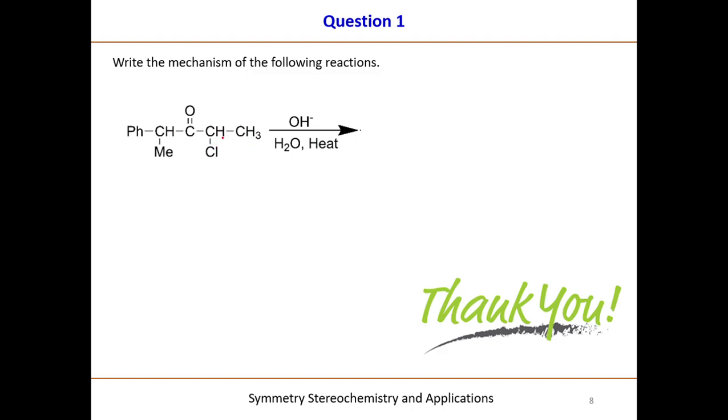This one is also an alpha proton, but the abstraction will take place from this alpha position, which has two alkyl groups. So here the abstraction will take place to give the carbanion with the Me group.